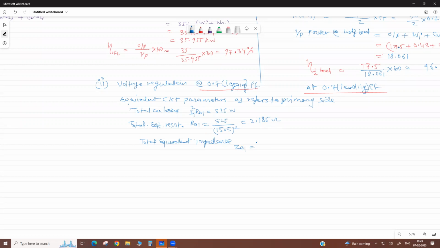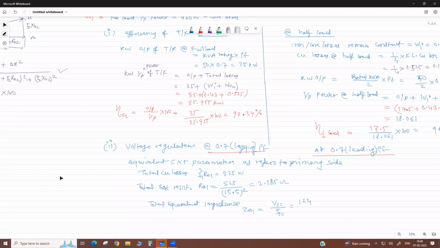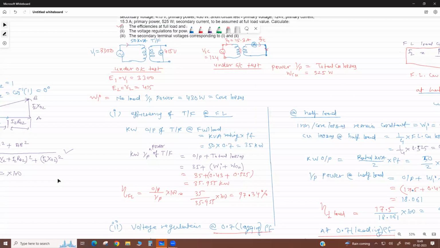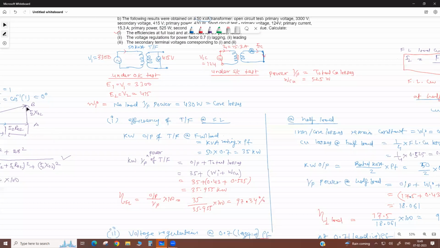Here we write the applied voltage divided by the input current, VSC by ISC, because under short circuit condition the current is given. What voltage do we apply here? 124 volt, and 15.3 ampere current will flow.